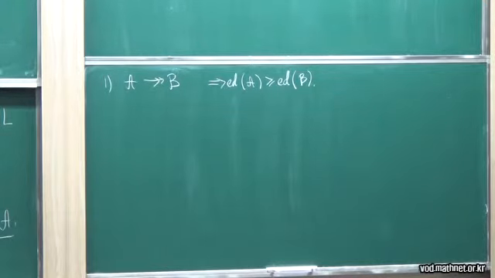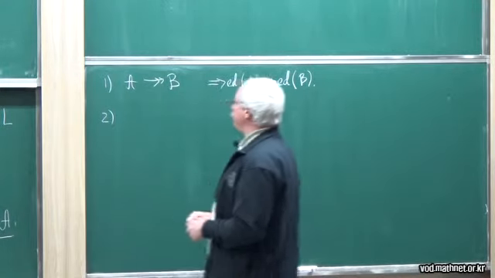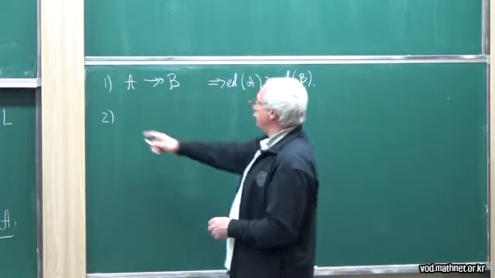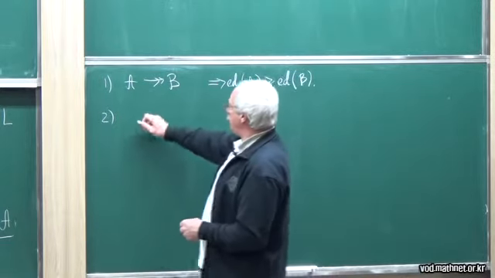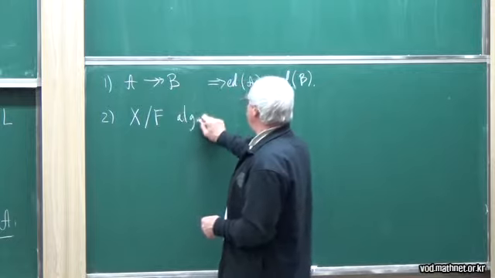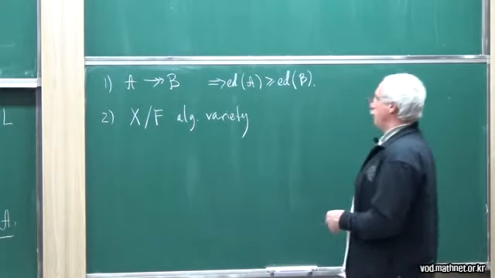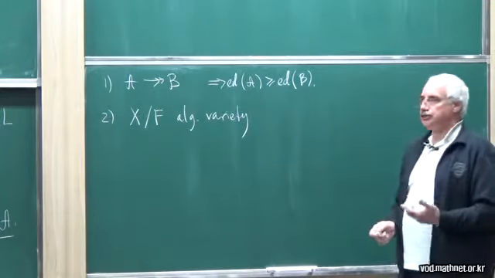The second example, rather property, well, the second is an example. Look at the variety X over F, an algebraic variety. You can view X as a structure as follows.